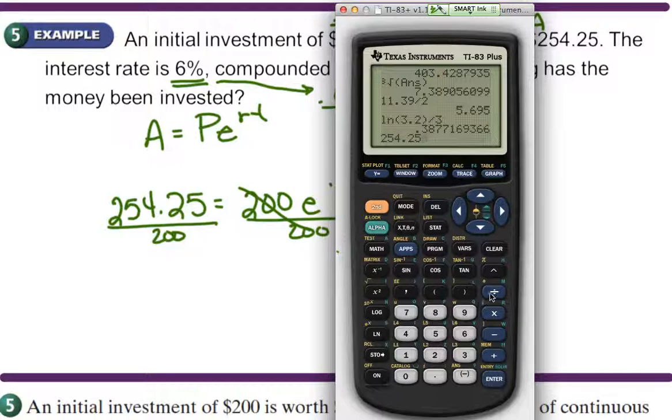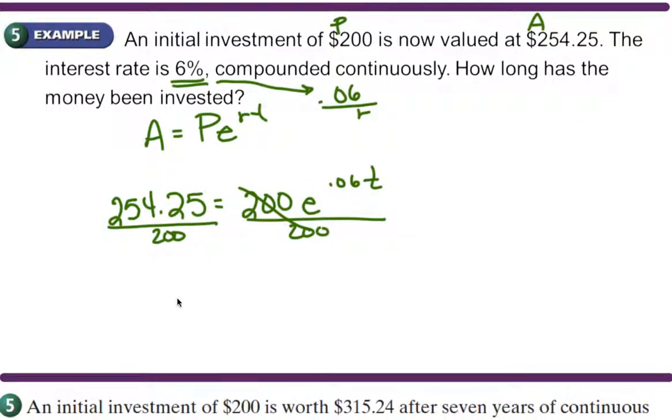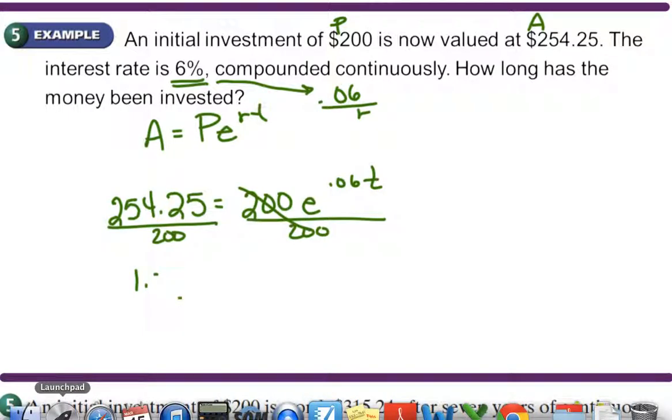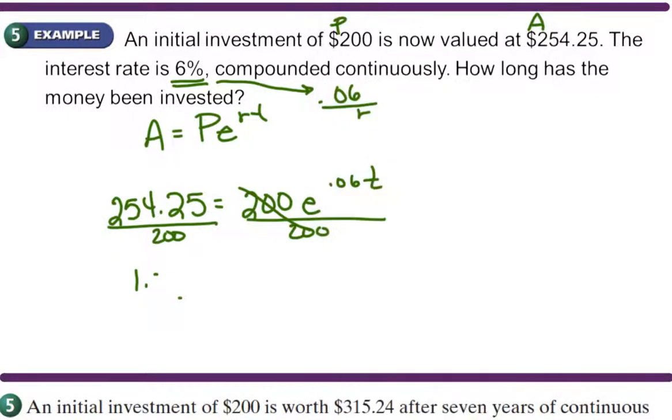254.25 divided by 200 is 1.27. And that was the part that was throwing me off. Now this equals e raised to 0.06t. We have that e, and we need to get rid of it to get to the exponent.